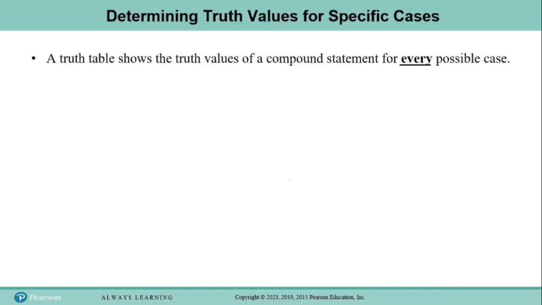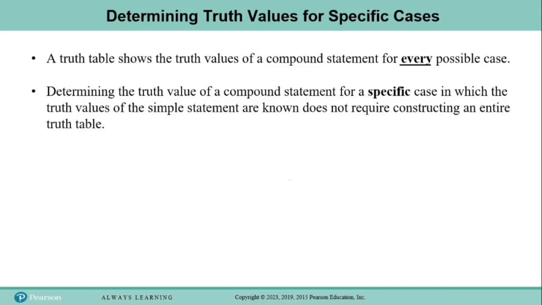So now, as you've noticed, a truth table shows the truth values of a compound statement for every possible case, but sometimes we don't always need every possible case. If you just need to know the truth value of a compound statement for a specific case, you don't have to do the entire truth table every time.